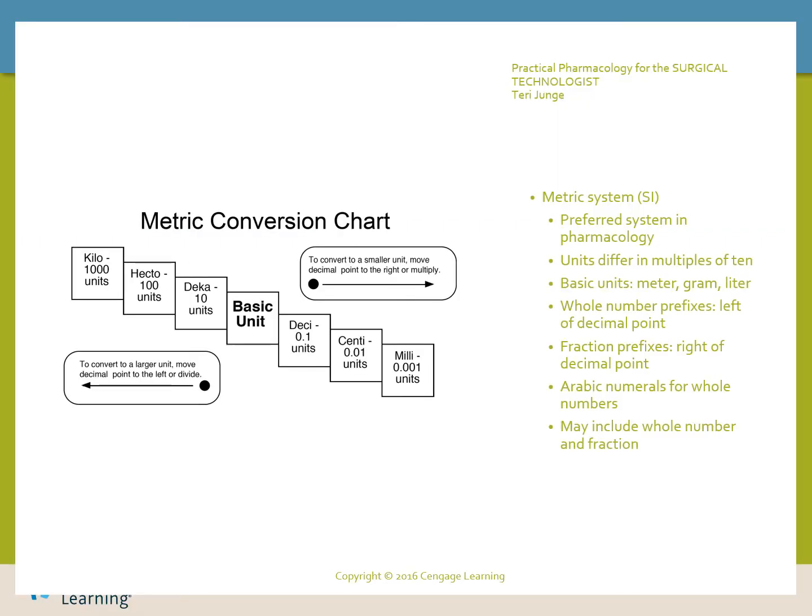So the metric system is an international system of measurement, and it came to be in the late 17th century, and there were a lot of different individuals with many different ideas of how to create a standardized international system of measurement.